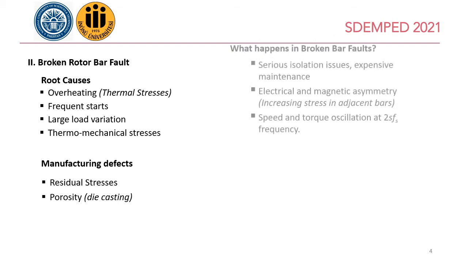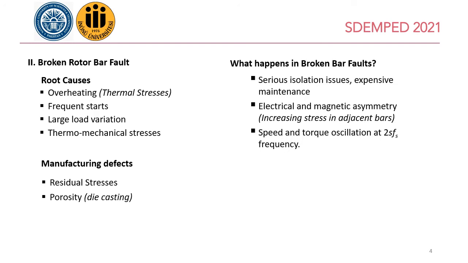What happens in broken bar faults? Serious issues are caused, such as very expensive maintenance, and electrical and mechanical asymmetry that increases the stress on the adjacent bar, with speed and torque oscillation at 2sFs frequency.